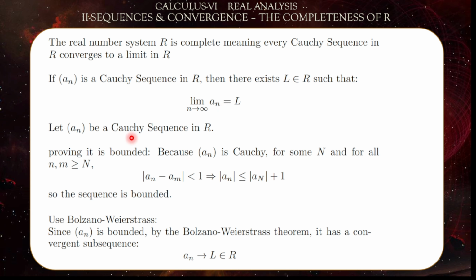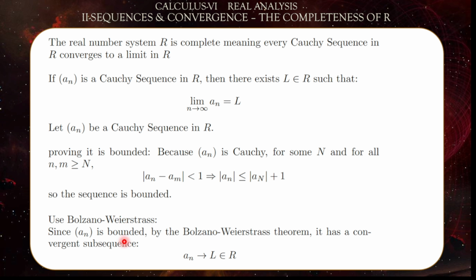Let a_n be a Cauchy sequence in R. Proving it is bounded: because a_n is Cauchy, for some N and for all n, m greater than or equal to N, the absolute value of a_n minus a_m is less than 1, then a_n is less than or equal to a_N plus 1. So the sequence is bounded. Use Bolzano-Weierstrass.